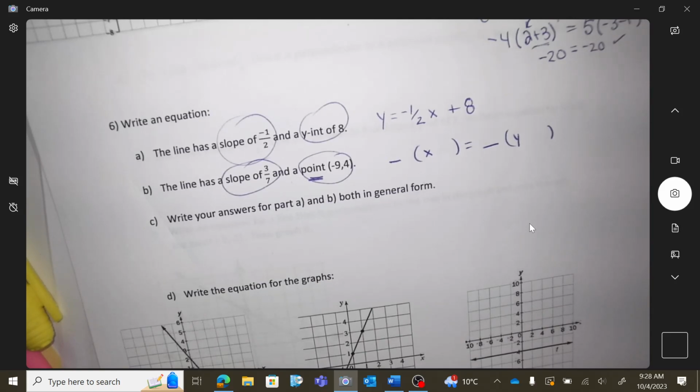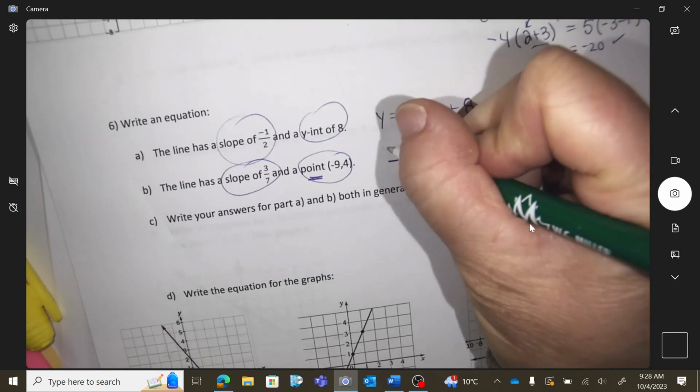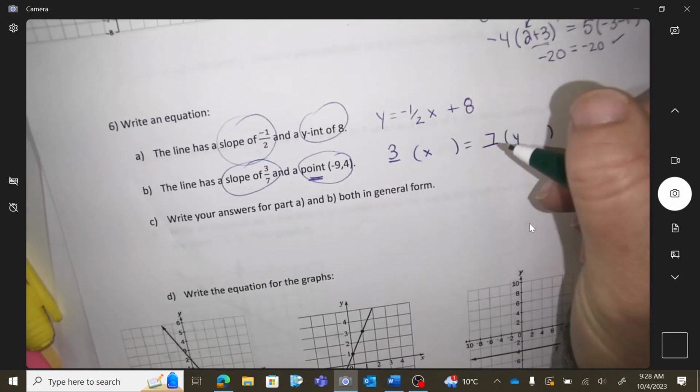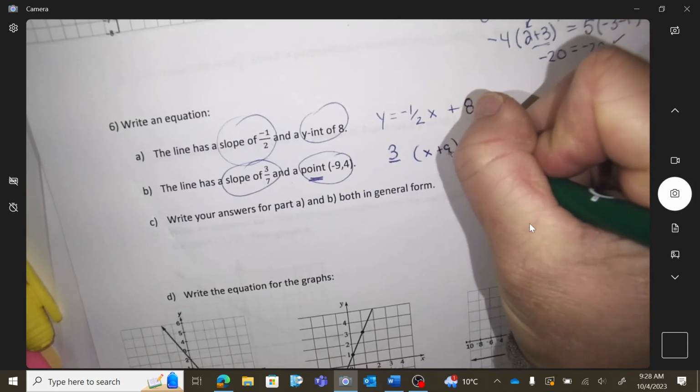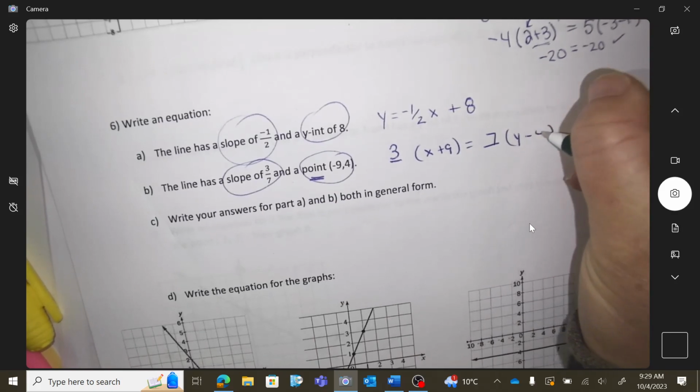Okay, so slope 3 and 7 go in the front multipliers. And then when I plug in, I always got to think opposite, right? Opposite, opposite. So plus 9 and a subtract 4.